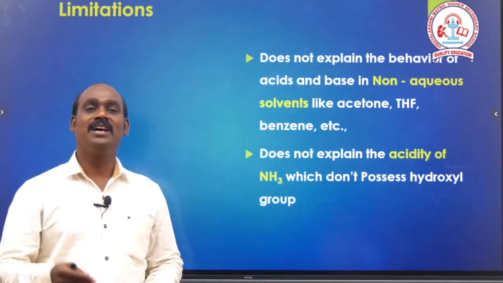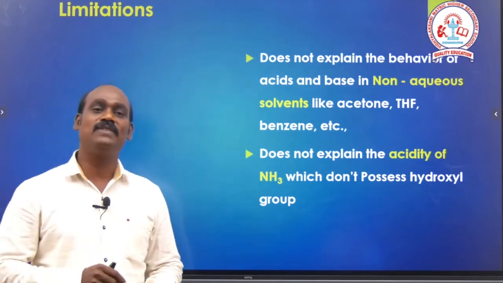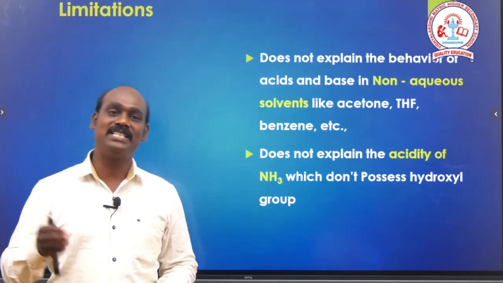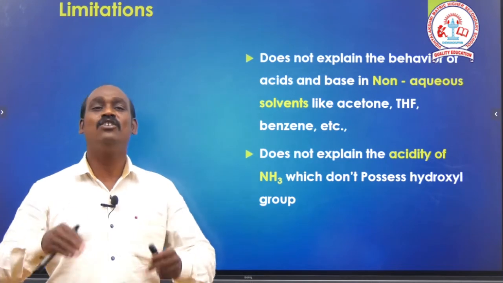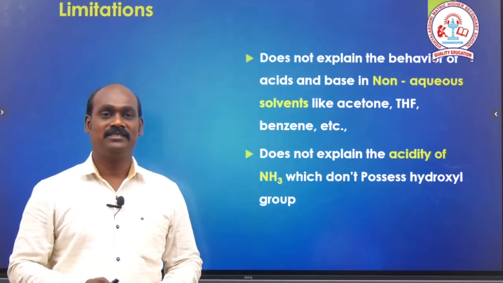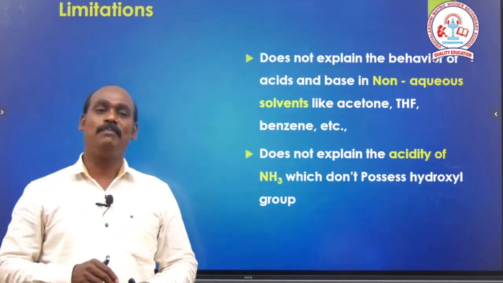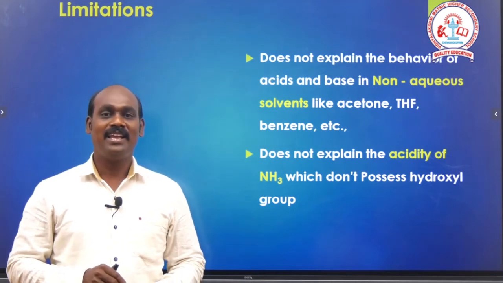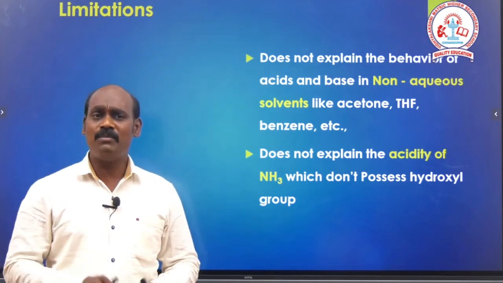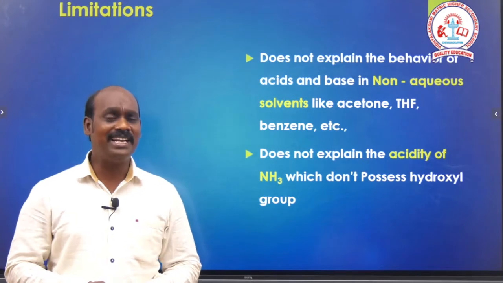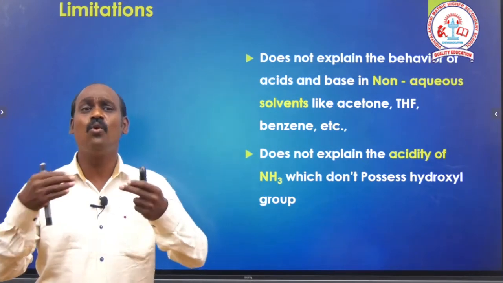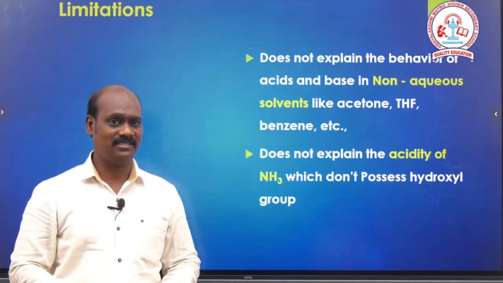For example, non-aqueous solvents like ether, benzene, acetone, THF, etc. It fails to explain whether a substance is an acid or a base. And also ammonia. Ammonia does not give any hydrogen ion, it does not give any OH minus ion, but it is a base.